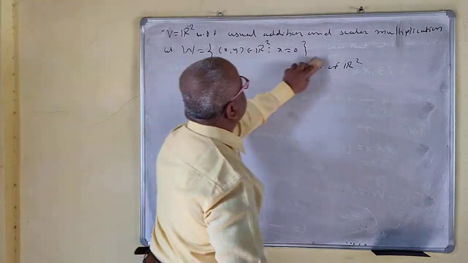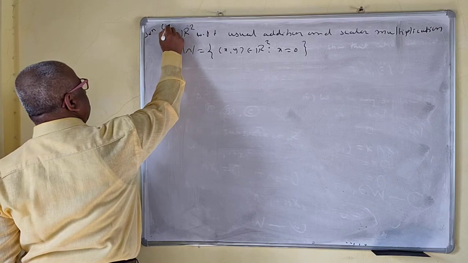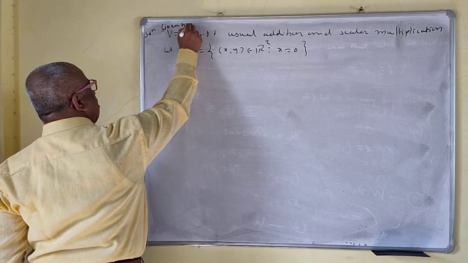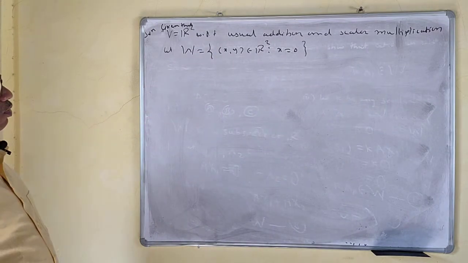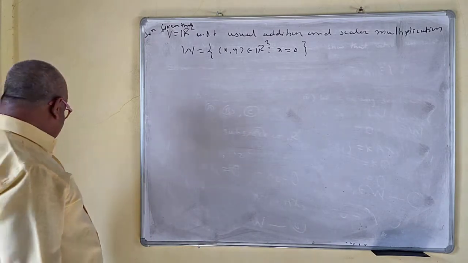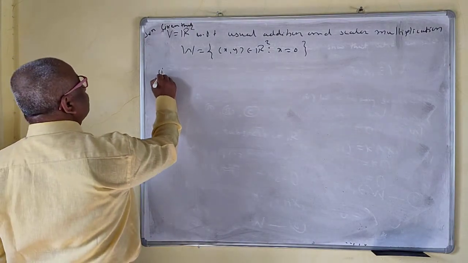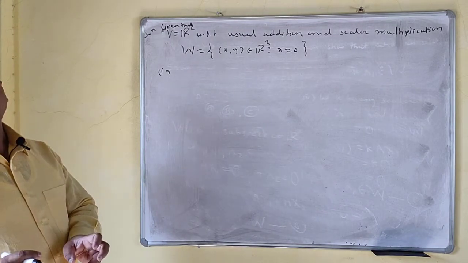Solution. Given that V is equal to R2 is a vector space with respect to usual addition and scalar multiplication. W is equal to this. So the 0 vector of R2 is 0, 0.